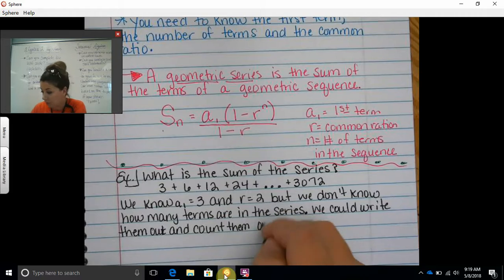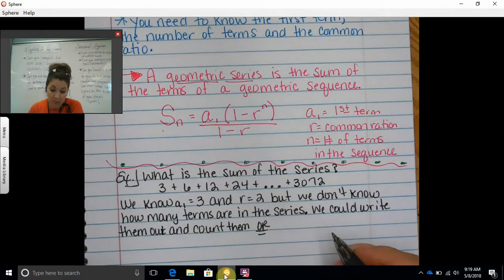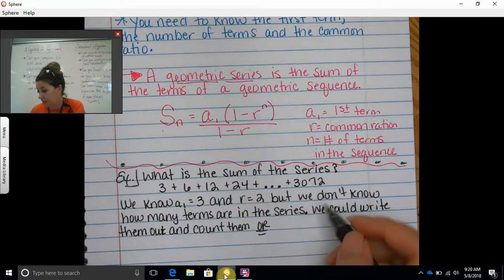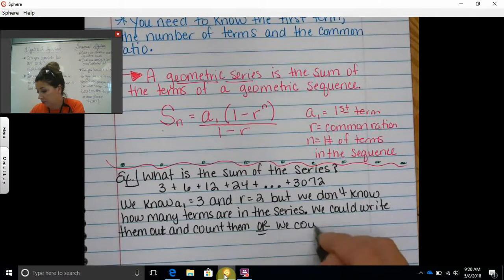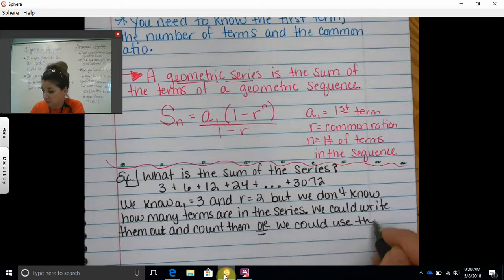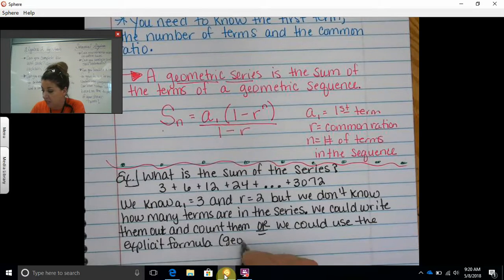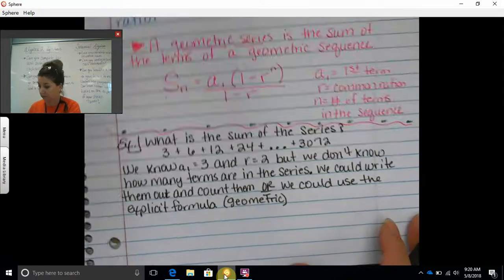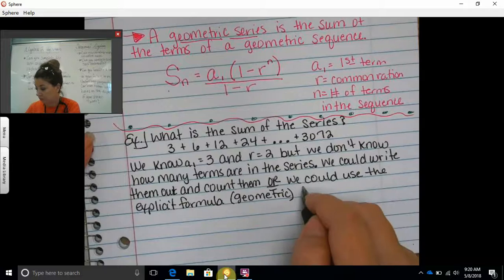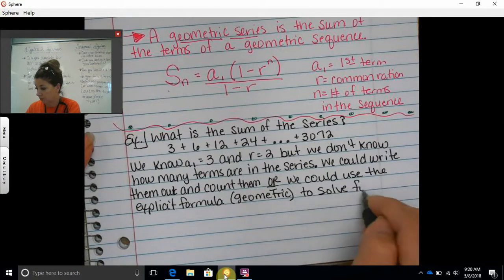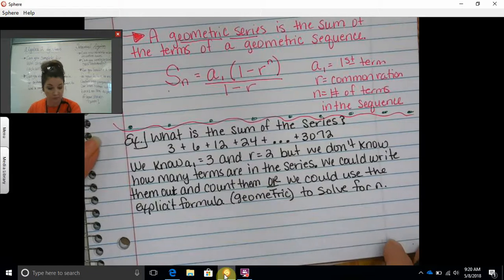Or we could use the explicit formula to solve for n. In parentheses after explicit formula, I'm going to put geometric because arithmetic has its own explicit formula. Remember, the explicit formula is when you're looking for a particular term. So that's what I'm going to do first.